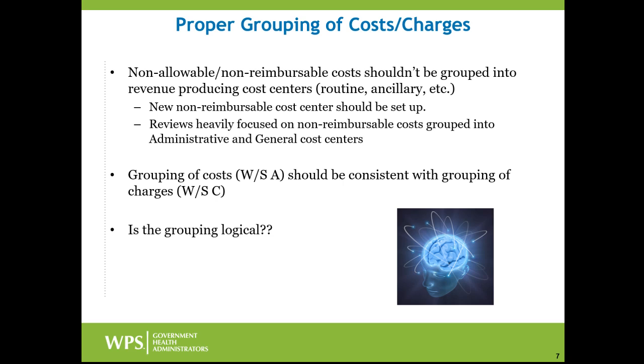They're not allowable, so they fall off the cost report. The other main purpose of having a non-reimbursable cost center, as opposed to just using an A8 adjustment to adjust the direct costs out, is that the non-reimbursable cost center allows the cost report to also have overhead or general service costs allocated to that non-reimbursable item, so that the overhead drops off the cost report as well, because it's not allowed.